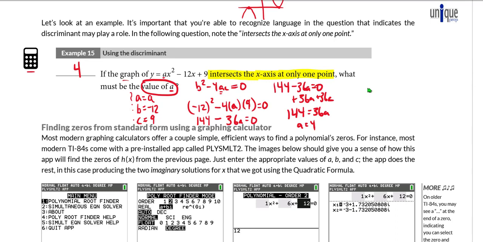Now, those of you who are quite proficient with quadratics might recognize that this is one of those cases where, remember, we actually discussed this a few pages ago, when a parabola just touches the axis, the quadratic is always going to have the form where you have just one factor squared.